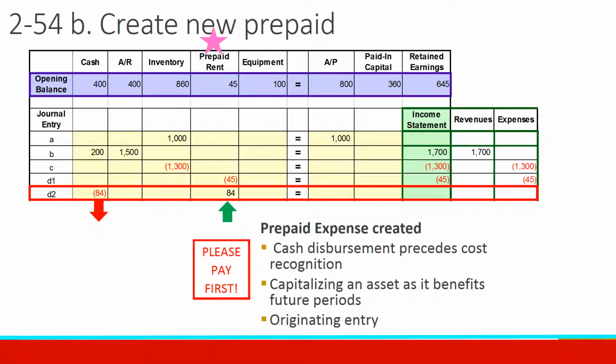So we're going to take that benefit of $84,000 and record it as an asset in the balance sheet in the prepaid rent category. So now what we're doing is we're creating an originating entry. We're capitalizing the $84,000. Capitalize means to store on the balance sheet. And the reason we're going to do this is because we're paying the cash today, but we're not going to get the benefit of that cash until some point in the future.